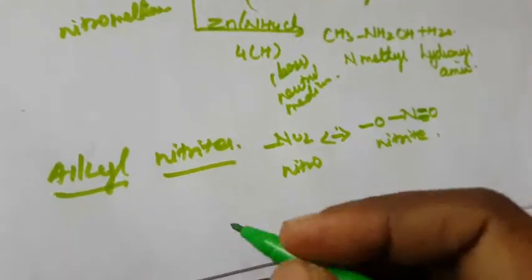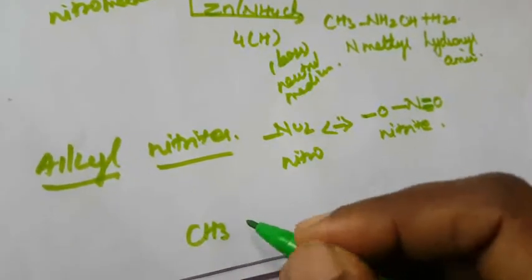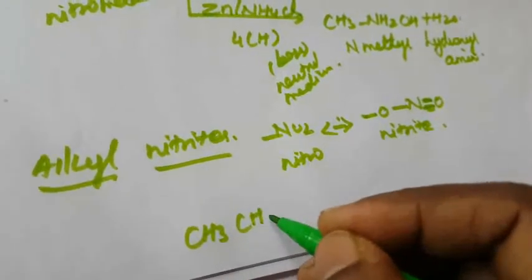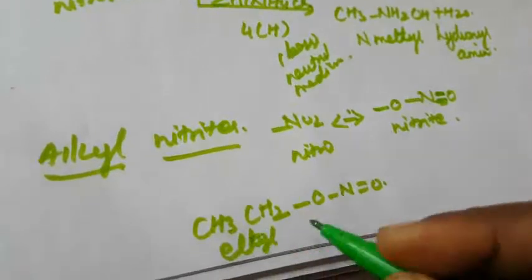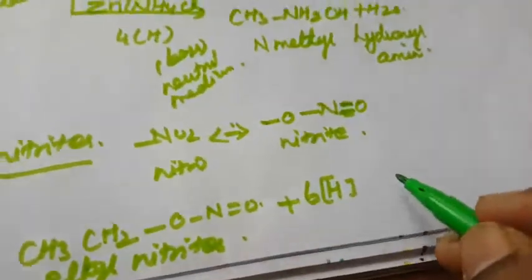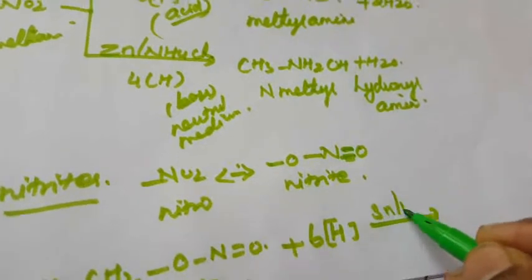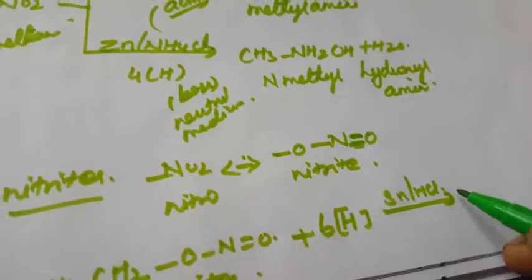Okay, so how to write? Ethyl nitrite, O-N double bond O. So this compound has 2 carbons, that is ethyl nitrite. Okay, so ethyl nitrite on reduction with stannous and hydrochloric acid forms ethanol, CH3CH2OH.